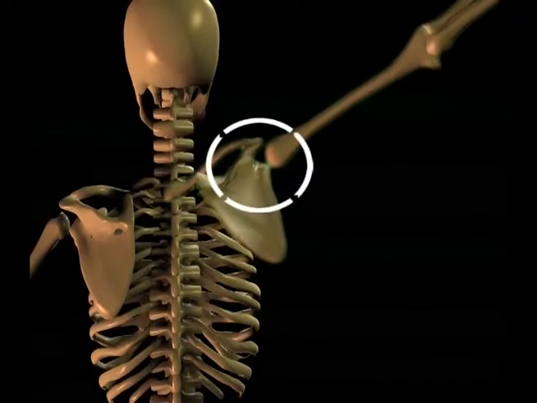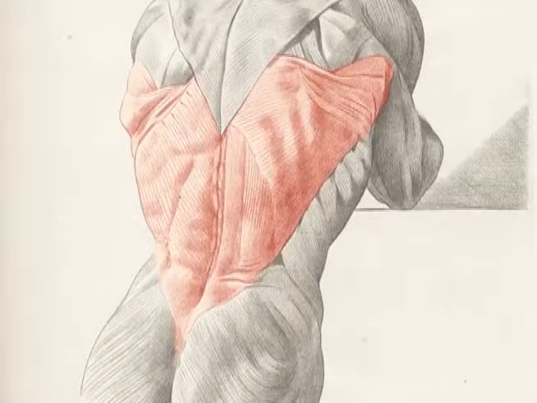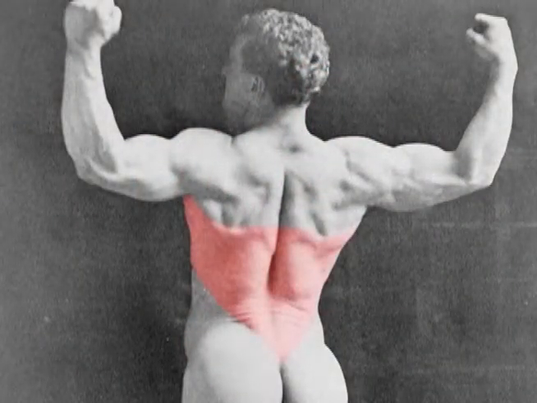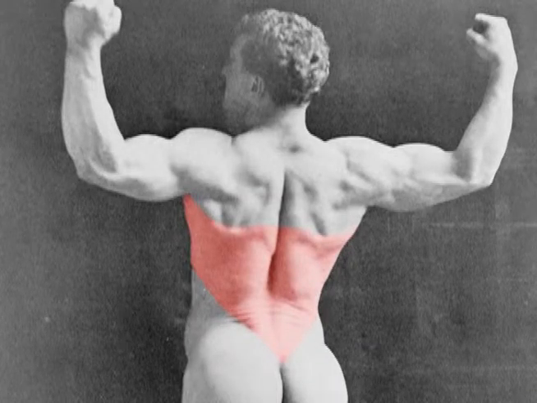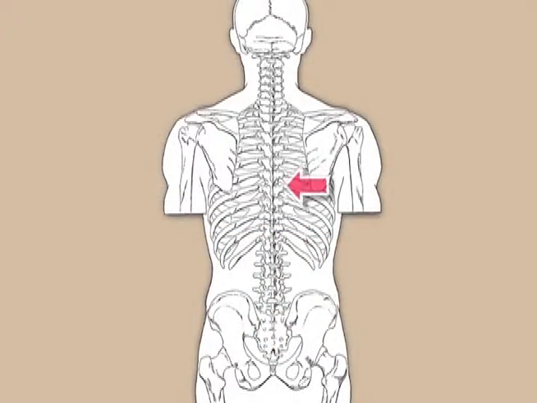The latissimus dorsi is a large, flat muscle that covers most of the lower back. It looks similar to an abbreviated tank top. It starts from the lower 6 thoracic vertebrae, the lumbar vertebrae, and the sacrum, and inserts in the upper inside face of the humerus.